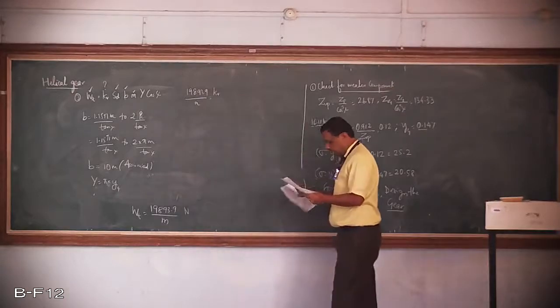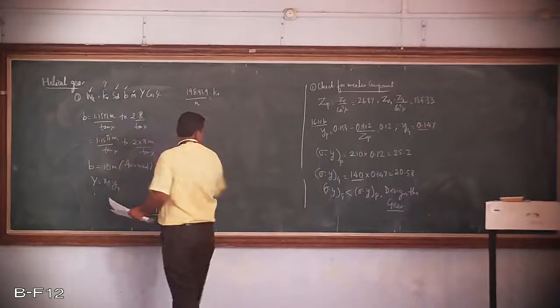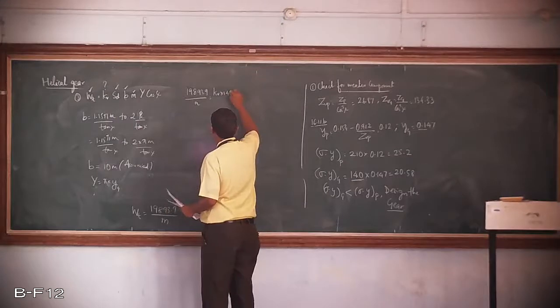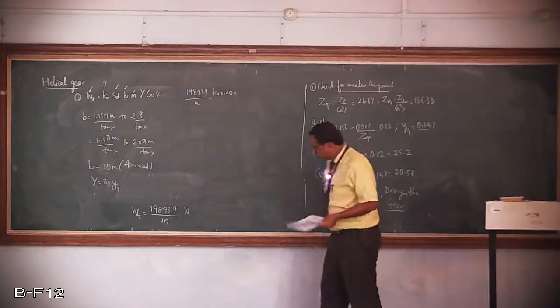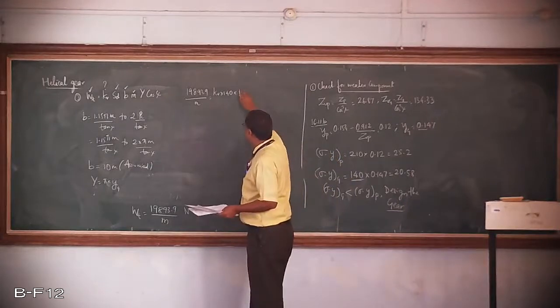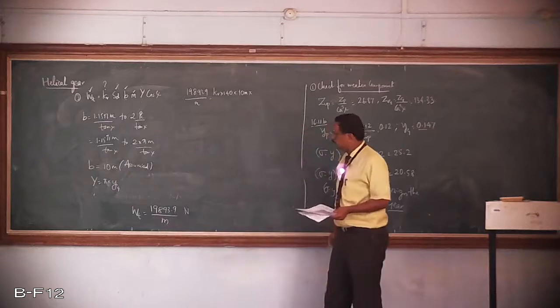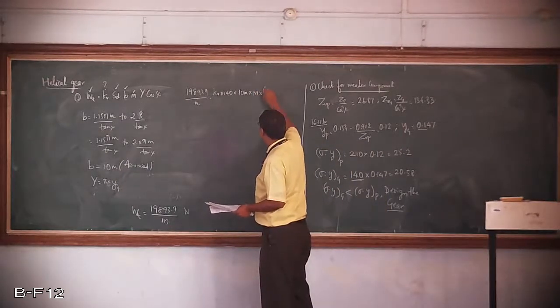Design strength for the gear, SD, is 140 megapascals or Newton per millimeter square. B, the face width, I assume as 10 times the module. The next is m as it is, the module. Y is pi times Y.